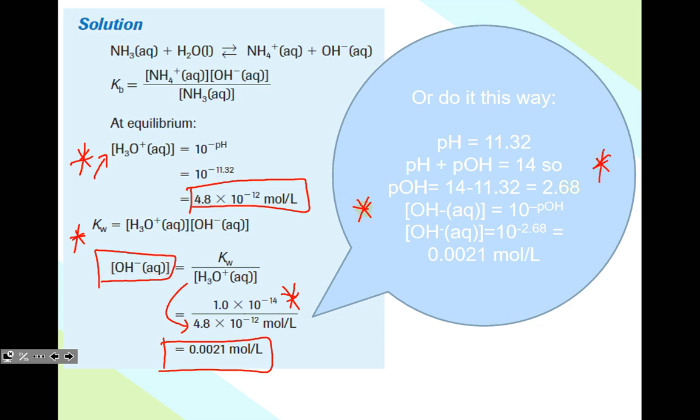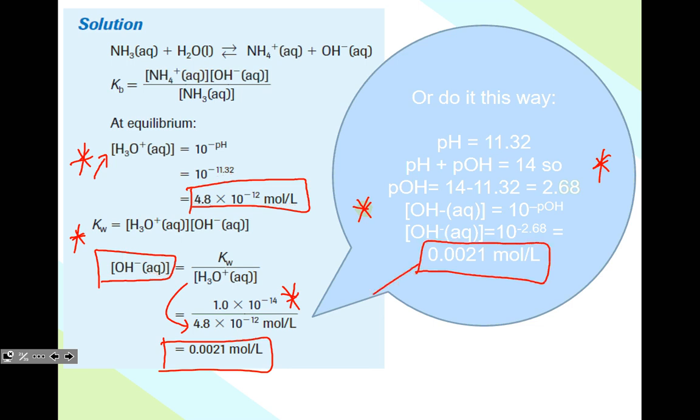Or if you want, you can do it this way, the Chem 20 way. Your pH is equal to 11.32. pH plus pOH, as you remember, is equal to 14. So in order to find the pOH, you take 14, subtract 11.32, and you get 2.68. Once you have 2.68, which is the pOH, I can now find the hydroxide ion concentration, which is equal to 10 to the power of negative pOH. 10 to the power of negative 2.68 is 0.0021 moles per liter.